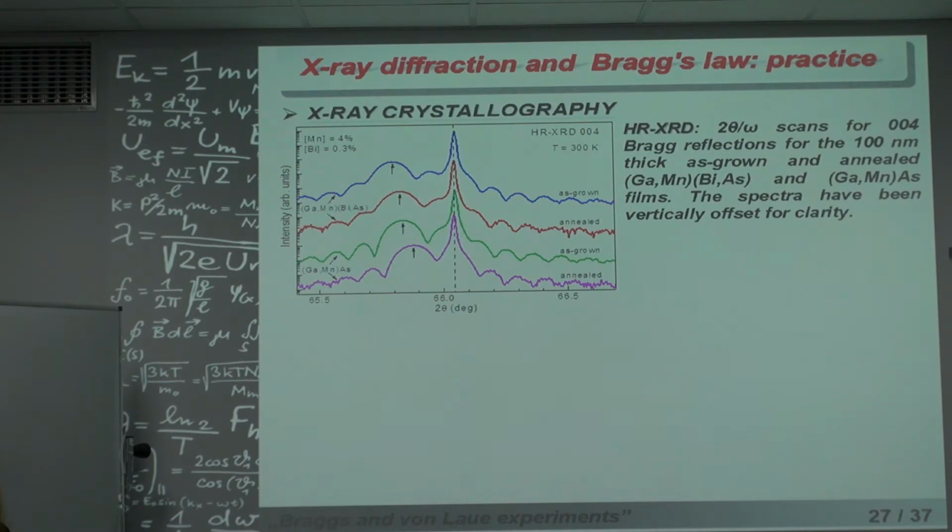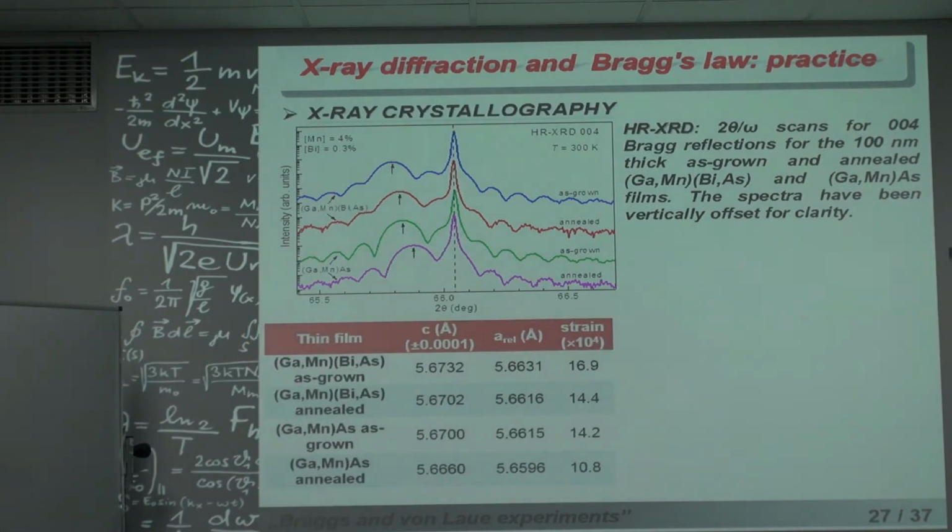What may we say about the investigated samples looking at this picture? In the middle, we have a very good, high peak, which is from the gallium arsenide substrate. On the left-hand side, we have a wider and lower peak, which is from our layers of gallium bismuth arsenide.